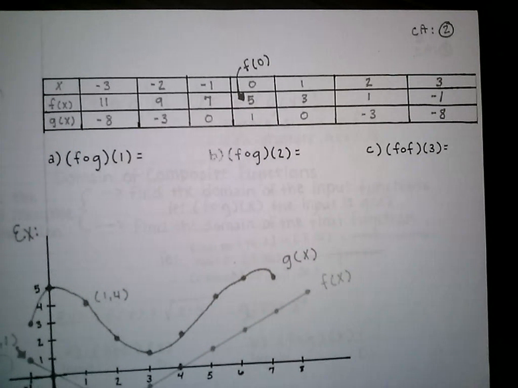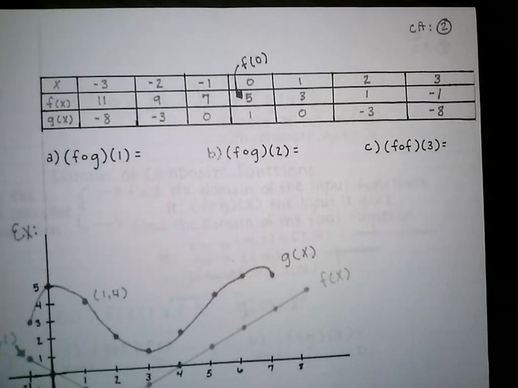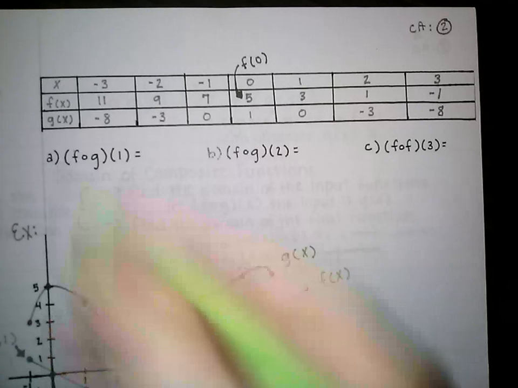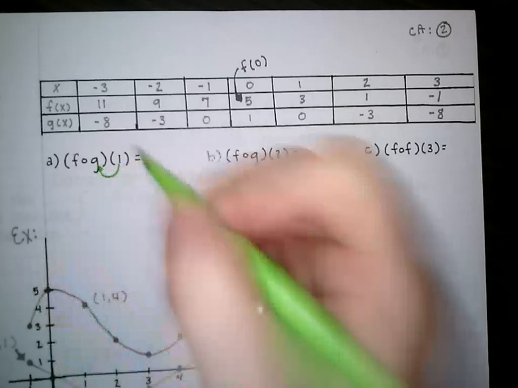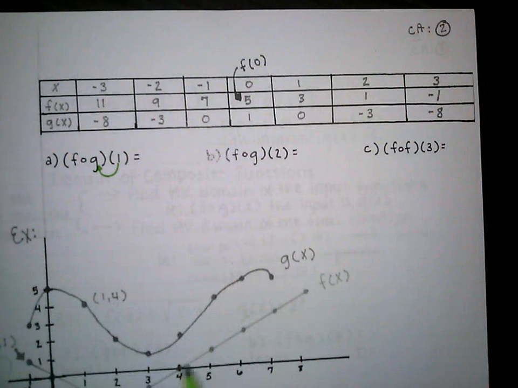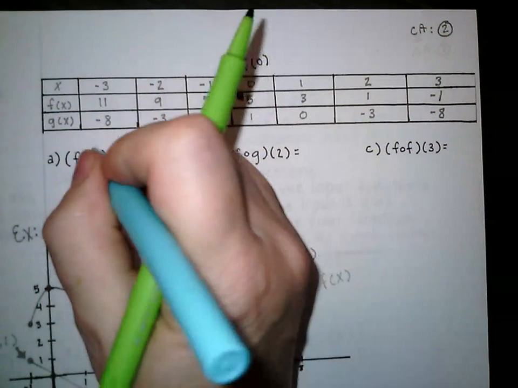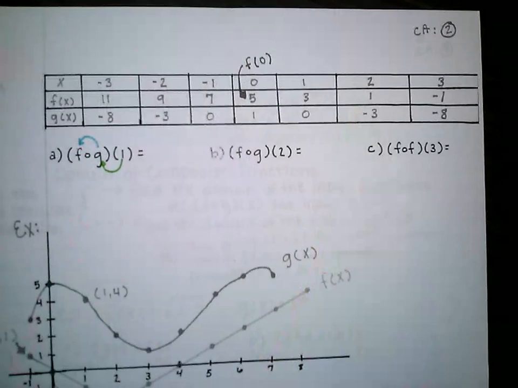But we're going to still evaluate these the same way that we were. So we're going to take our original input and we're going to move from right to left. So same way we started out doing these, 1 goes into g, and then whatever we get from the output of that is going to go into f.